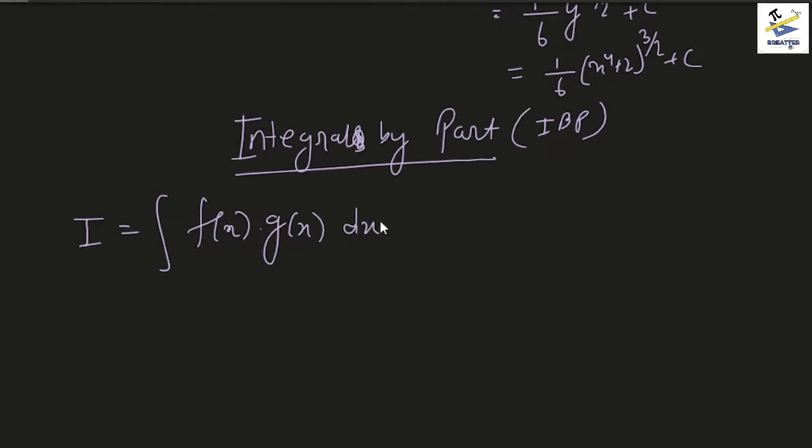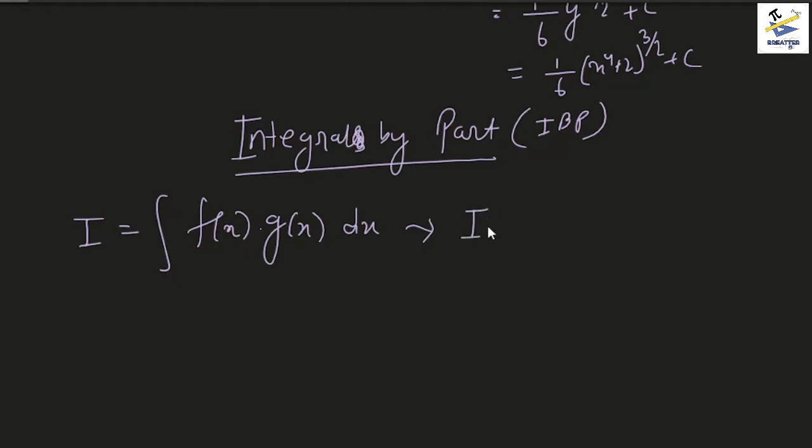What we do here is we try to label the functions as function 1 or function 2, and once we do that, we have an easier rule to find the integral in terms of another integral, which might be easier to solve. As with derivatives, it does not obviously give you a direct answer, but rather gives you a newer integral which might be easier to solve, and we have a rule for it.